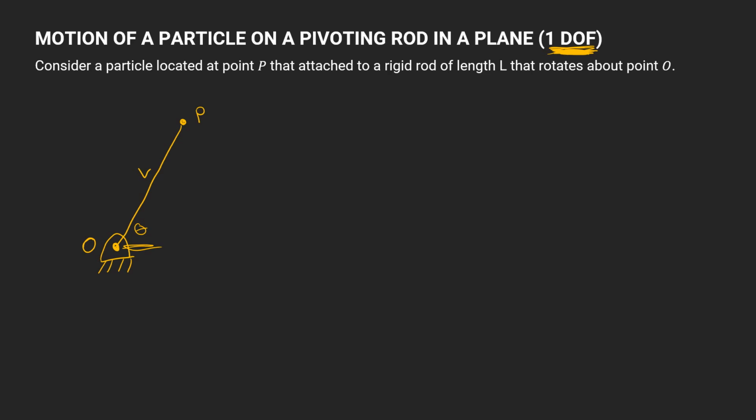And again, that's because it's due to this constraint. So constraints can reduce your degrees of freedom. Okay, so now we're going to walk through very much the similar process and essentially try to understand how this constraint affects the position, velocity, and acceleration of particle P.